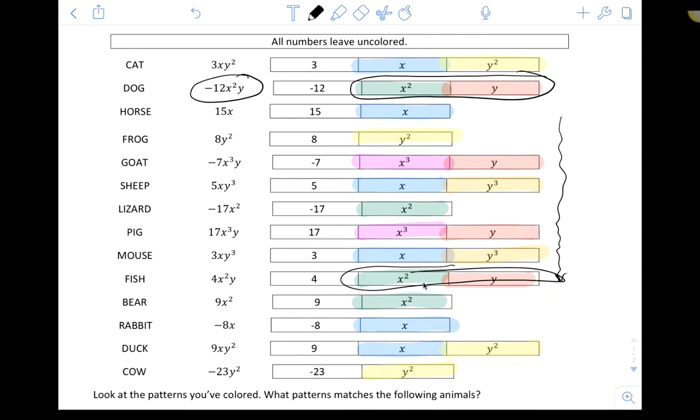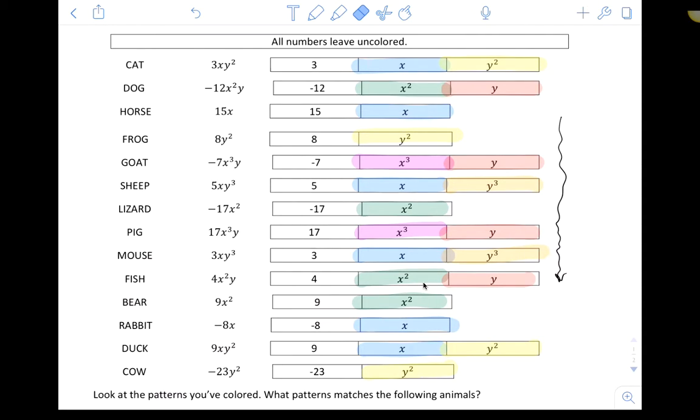So those two would be like terms. So the dog matches the fish. If I were to do this again, just looking for a blue x, where would I find this? A solo blue x right here. So horse would match rabbit.